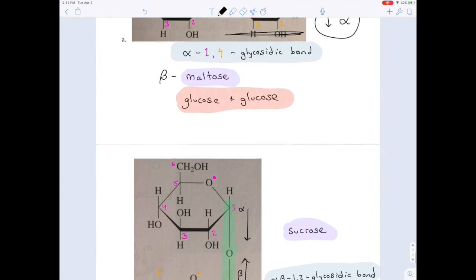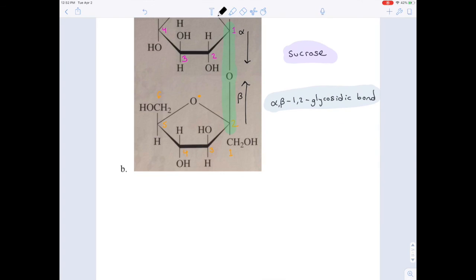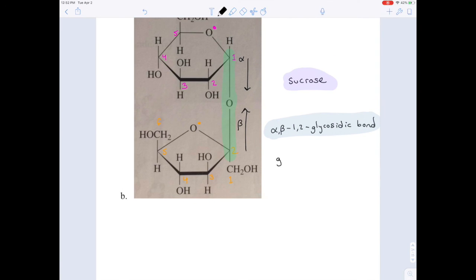Last but not least, because we know it's sucrose, it must be made of glucose and fructose. Those are the 2 monosaccharides that make up sucrose, so that's what we'd list here. This is going to be made of glucose and fructose.